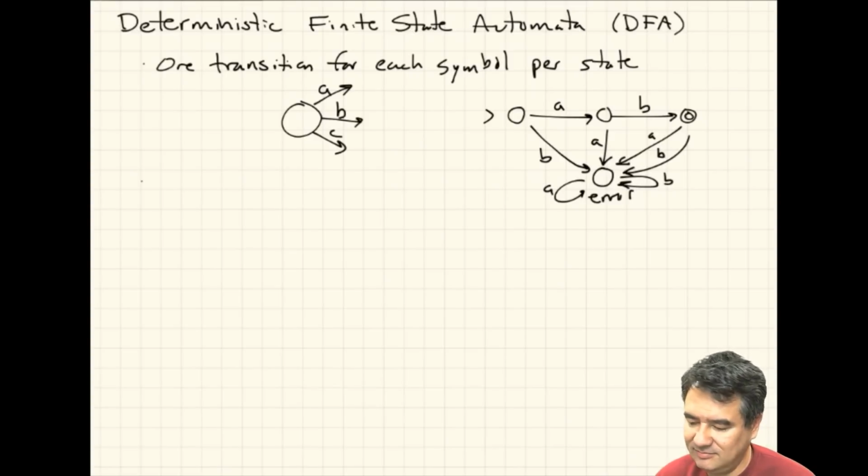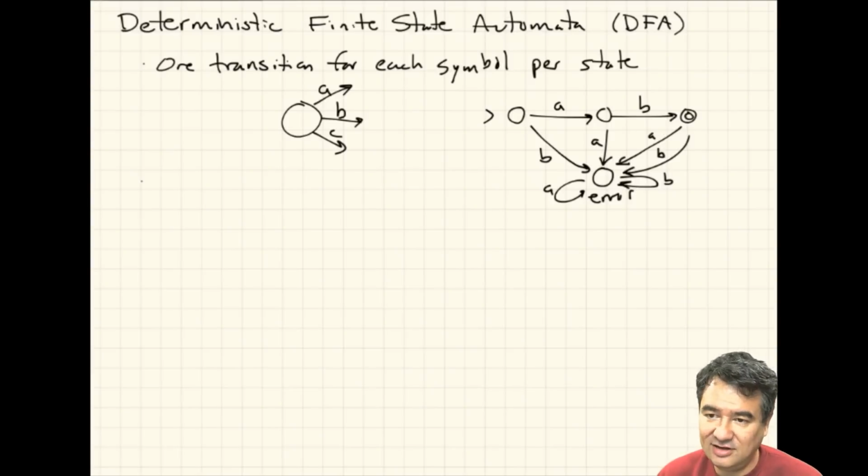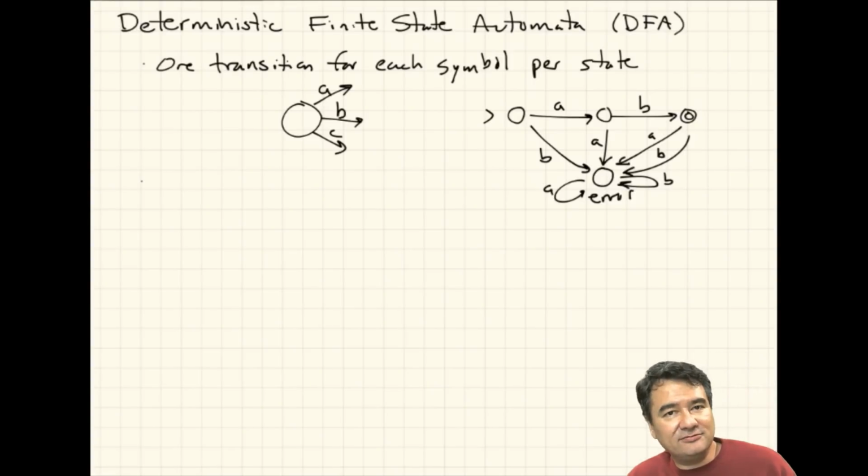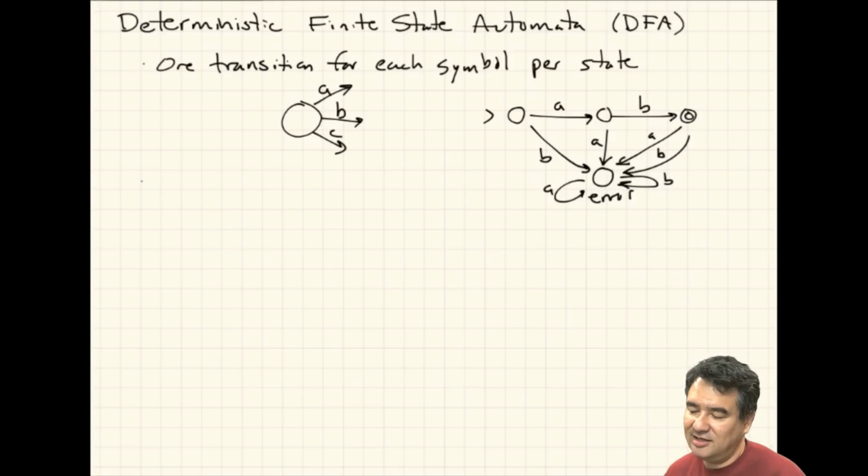And I agree with them that you need to have all the possibilities accounted for, but it does tend to just clutter up the diagram. And so I'm personally of the opinion that if you don't want to draw them, you can just say, well, just assume that any transition that's not explicitly drawn is going to the error state, and just know that that's what it's doing.